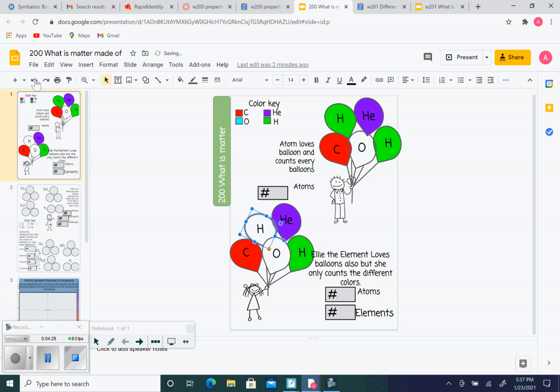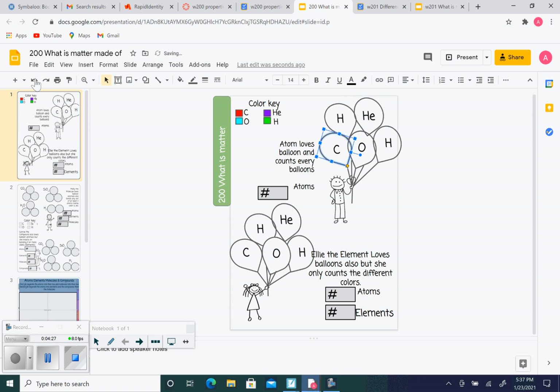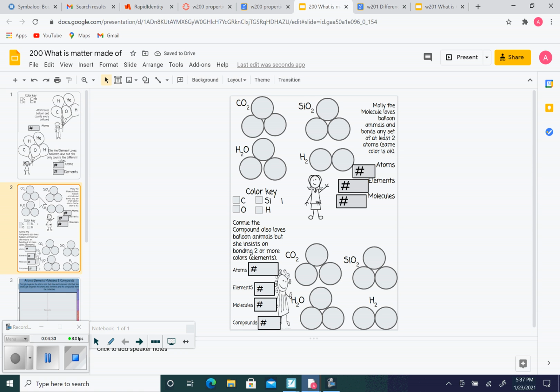I'm going to back mine up so it goes back blank. Now, what you're going to do here is create the same color key. Mine, the new one, has SI here. If yours has HE, change it to SI.